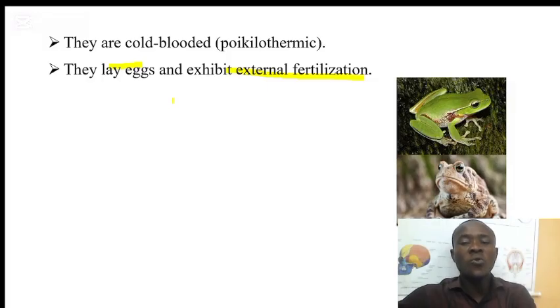So if it is occurring outside the body of the organism, we call it external fertilization. If it is occurring inside the body of the organism, we call it internal fertilization. But in the case of the amphibians, they experience external fertilization.